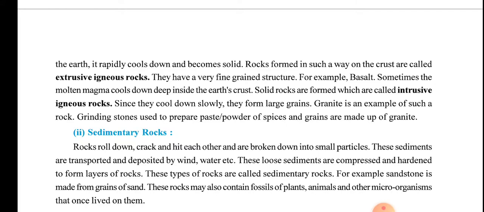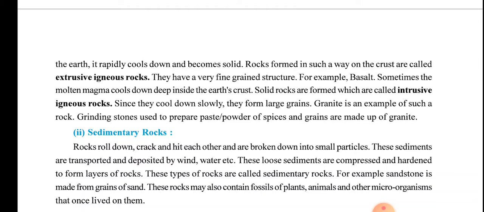They have a very fine grained structure, for example, basalt. Sometimes the molten magma cools down deep inside the earth's crust. Solid rocks are formed which are called intrusive igneous rocks. Since they cool down very slowly, they form large grains. Granite is an example of such rocks. Grinding stones used to prepare paste, powder of spices, and grains are made of granite.